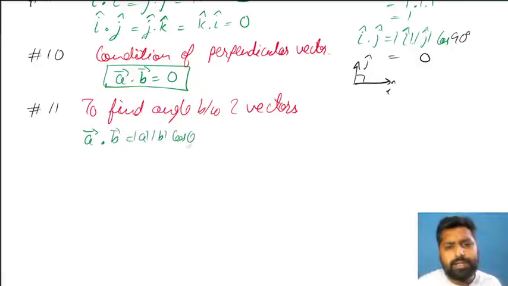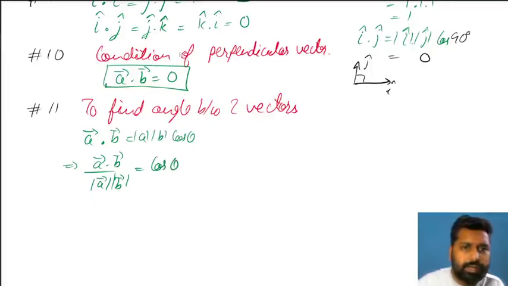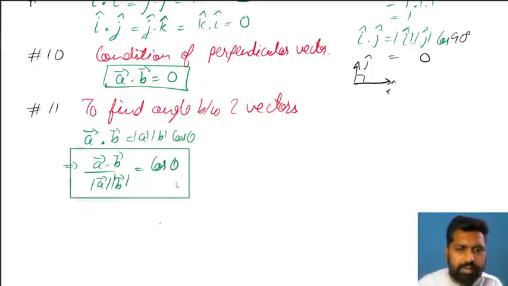If I want to generate theta, I'll have to take mod A mod B to the other side. If you take it to the other side, what do you get? A dot B upon mod A mod B, that's cos theta. This is the formula to get the value of theta. Of course, we'll get the value of theta by taking the cos inverse of this quantity, but this formula is more than sufficient to find the angle between two vectors.